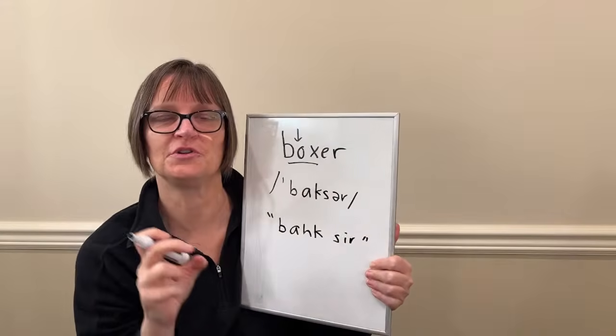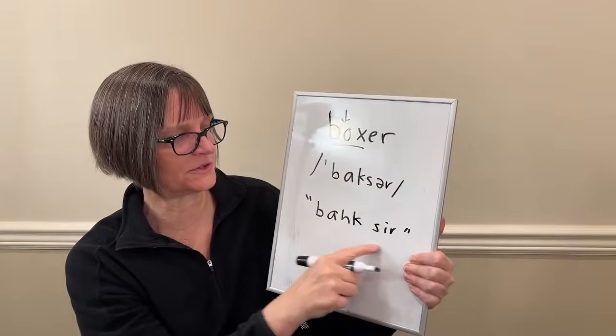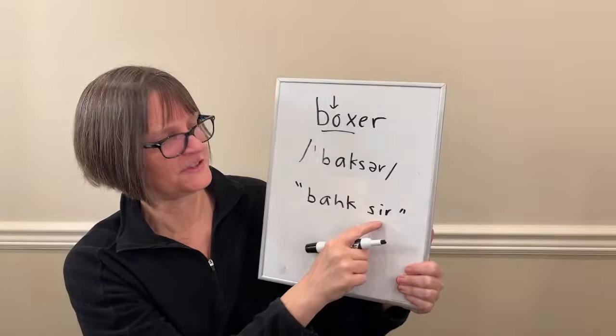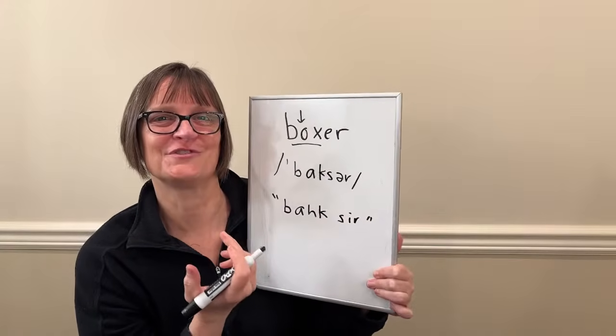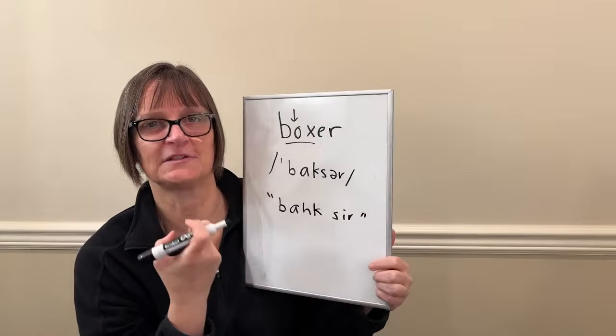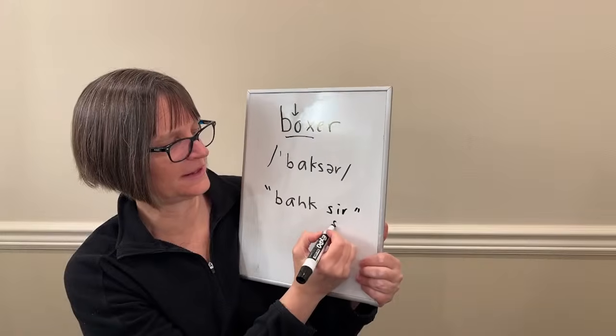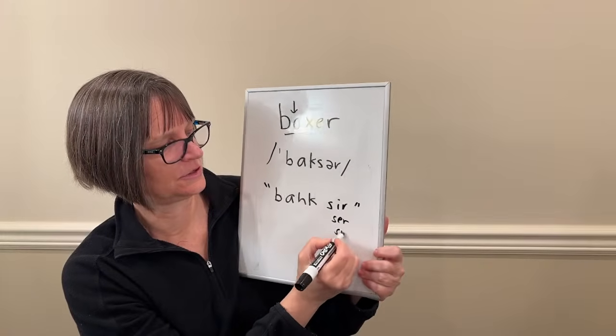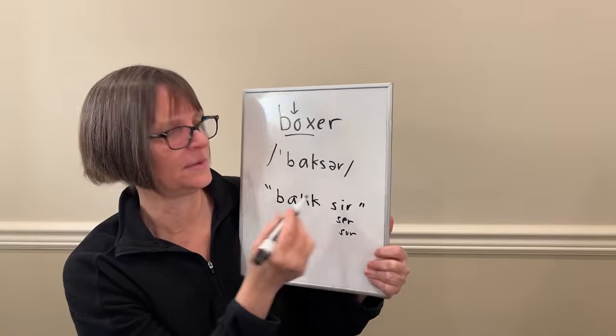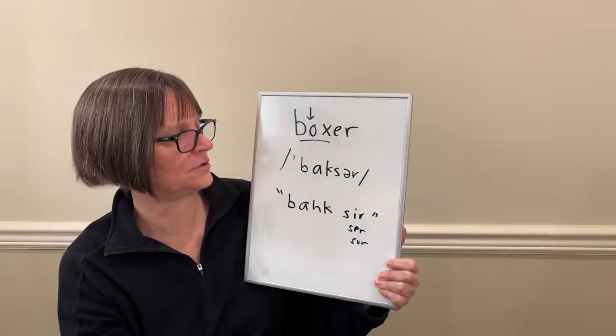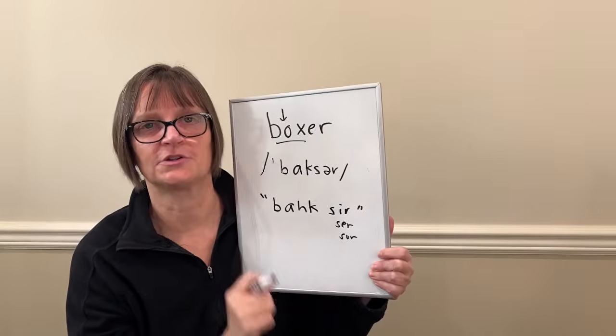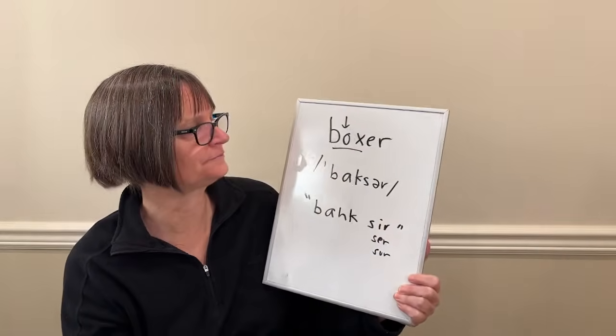Just make sure you pull your tongue back and tight. So boxer. I wrote this here with SIR because we have the word sir that's spelled that way, but it's just basically the vowel. So you can think about it like sir, whatever's helpful for you to get that sound. So, he was a boxer earlier in life. Yeah, good word. Thank you.